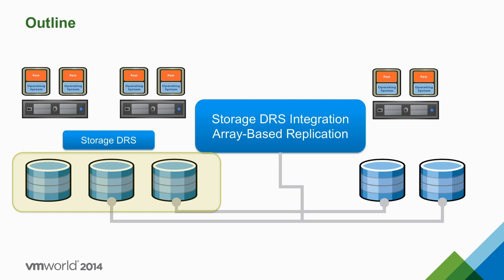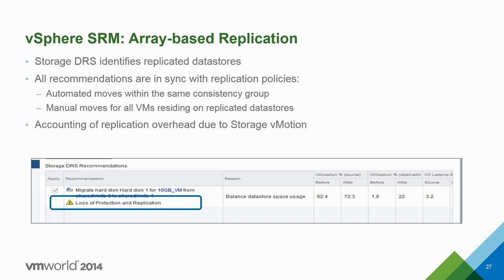Okay. Previously, to be able to use storage DRS on the primary side, you had to make sure that all of the replication policies of the data stores were exactly the same, in exactly the same consistency group and things like that. Okay. With the new version of storage DRS, those restrictions are going away, in that now vSphere SRM will tell storage DRS what the replication configuration is between those two data stores.